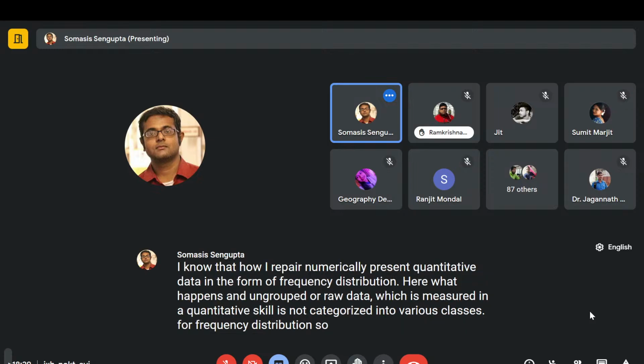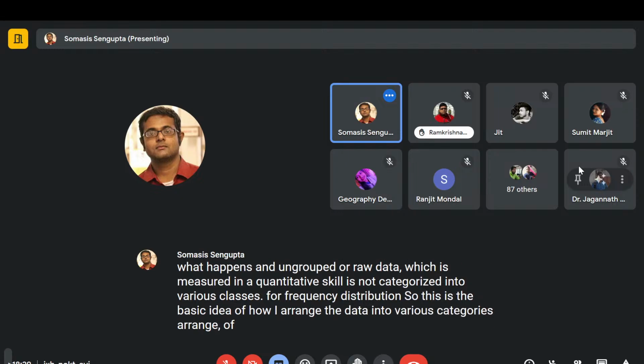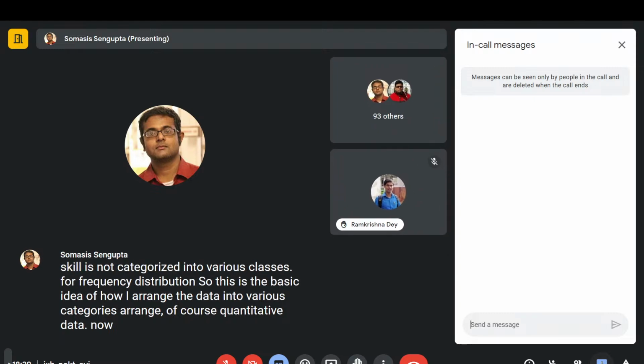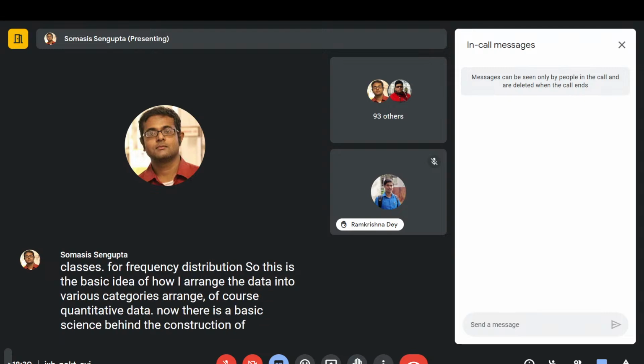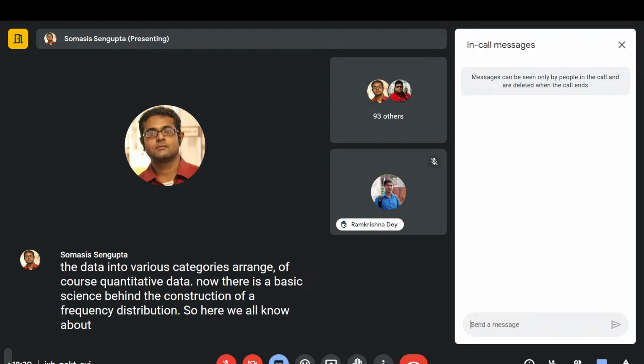So this is the basic idea of how I arrange the data, of course quantitative data, into various categories. Now there is a basic science behind the construction of a frequency distribution. So here we all know about the Sturges rule.